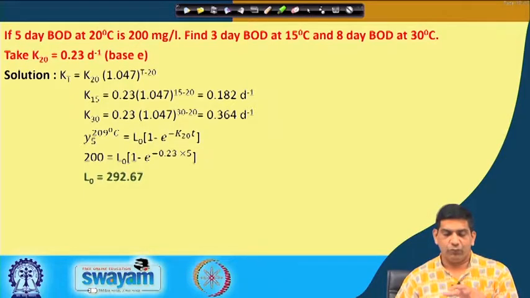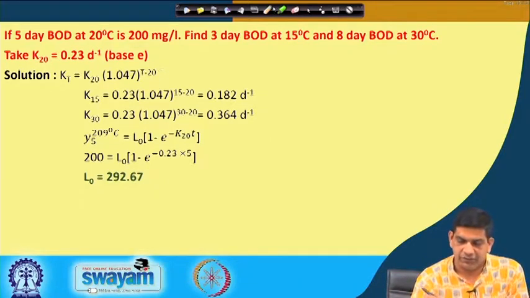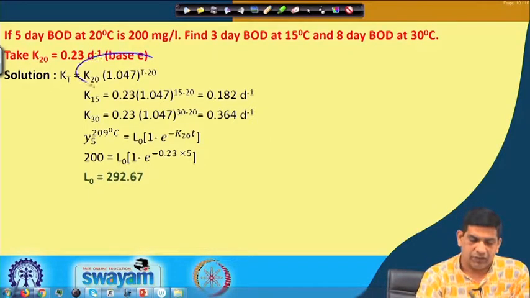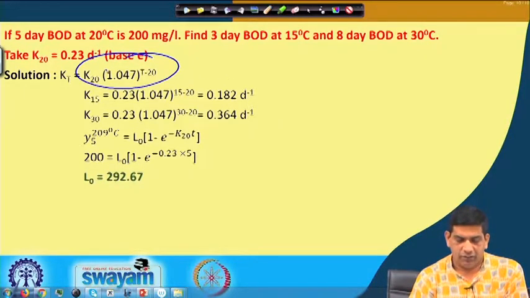KT is K20 times 1.047 to the power of (T minus 20). This is the formula used for finding K as a function of temperature. K20 is given to us, and we have to find K15 and K30.